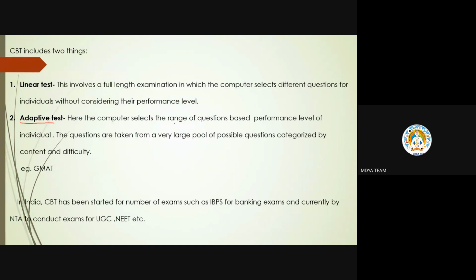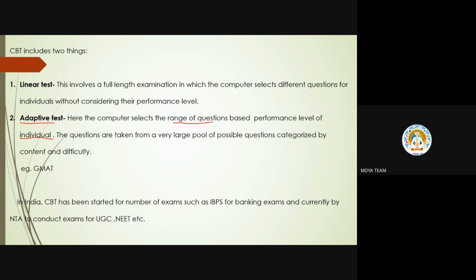Here, in the adaptive test, the computer selects the range of questions based upon the performance level of the individual. Like on the screen there is one question, and on the scale of easy, moderate to difficult, the question is on the easy scale, and you have done very well in that question. There are 10 easy questions and you have performed very well.